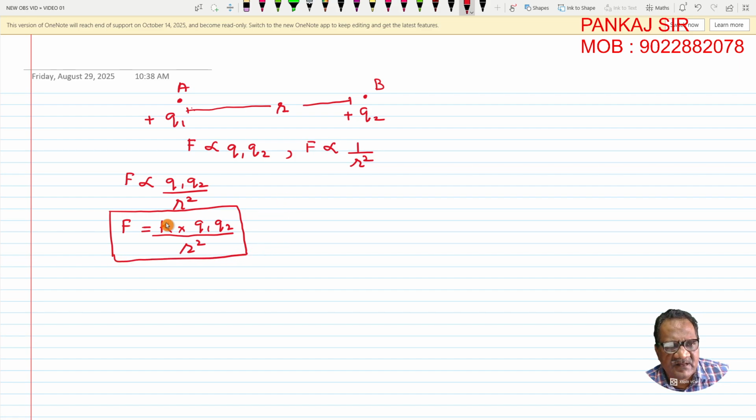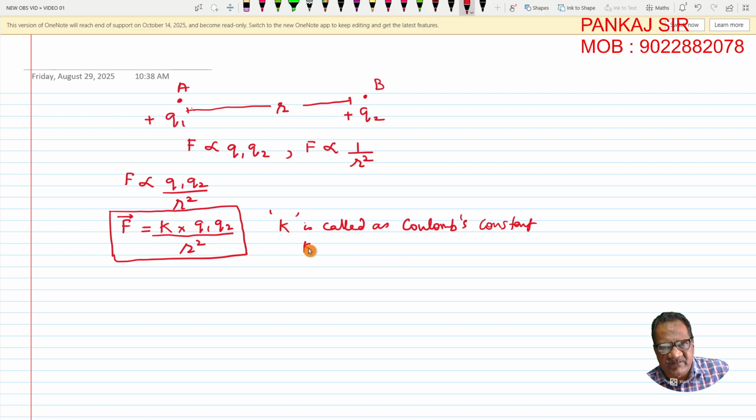Force being a vector quantity, I'll put a vector sign on top of that. Fine. So this K is called Coulomb's constant. And this K will depend upon the medium in which the two charges are kept.